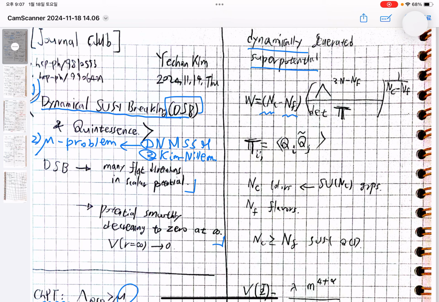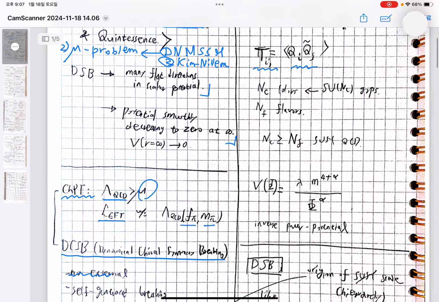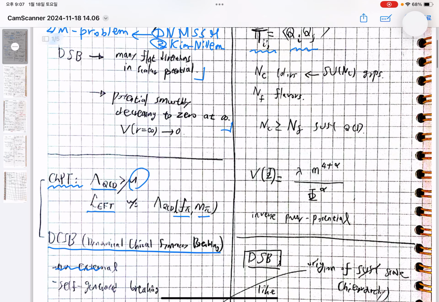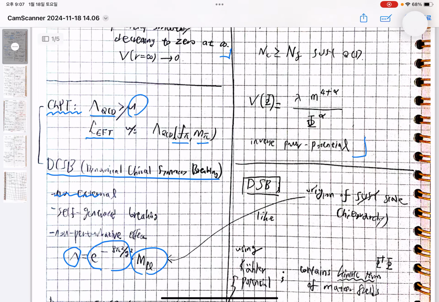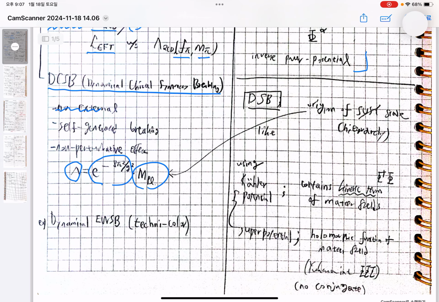And similarly, there will be some condensate with two chiral superfields, and from these potentials, it can naturally provide the runaway potentials, which can be quintessence model potentials. In such dynamical supersymmetry breaking, the supersymmetry breaking scales are naturally generated by the non-perturbative effect.